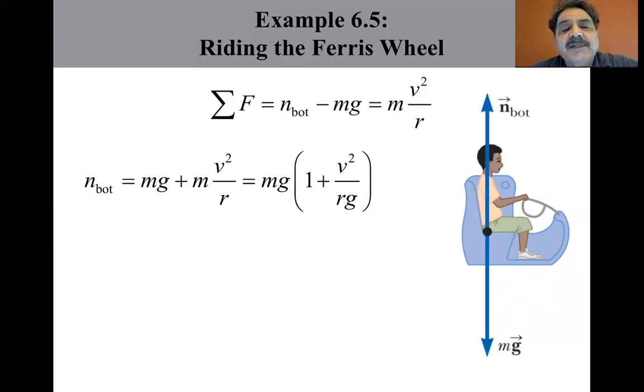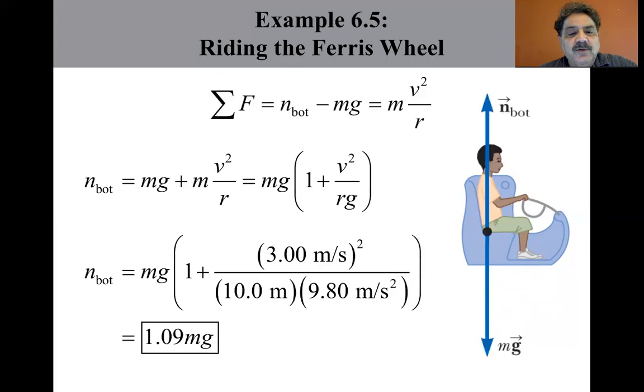We get mg plus m v squared over r. We do a little trick here where we add a g to the denominator of the v squared over r, so you end up with mg times v squared divided by rg. Then you can use the distributive property to take out the mg. So n bottom equals mg times 1 plus v squared over rg.